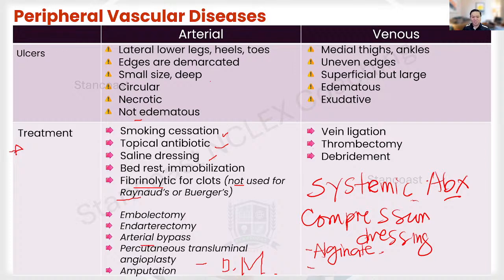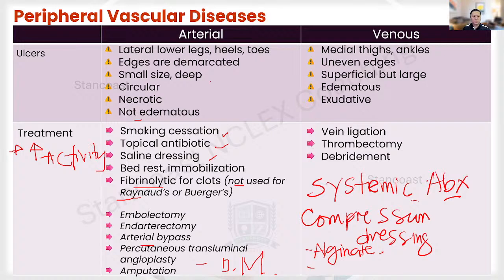Again, I'm not talking about the acute phase wherein there is that immediate blockage. No, I'm talking about that in general. For the patient with arterial PVD, again, activity is encouraged, to promote collateral circulation in the lower extremities.